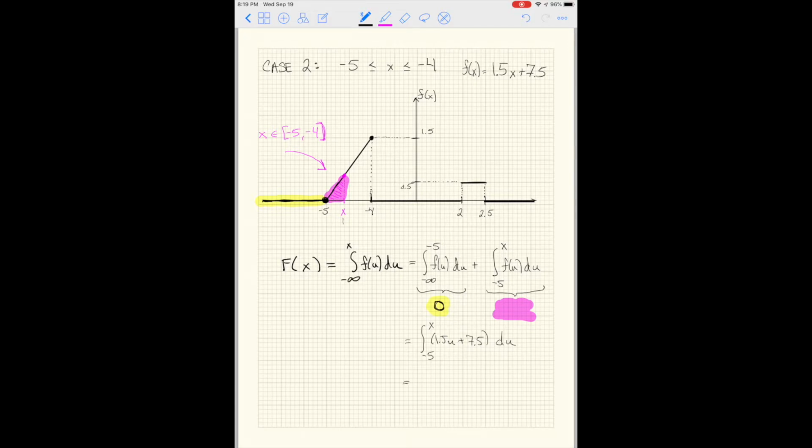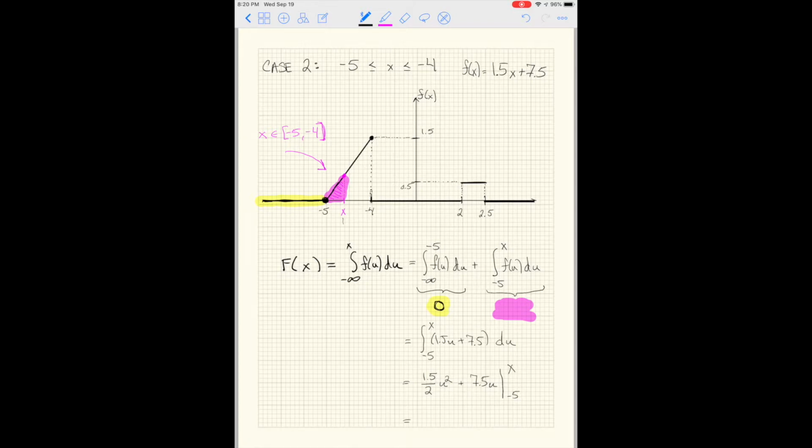And so I can say, well, the antiderivative of 1.5u plus 7.5: the u is going to go to u squared divided by 2. So this is going to be equal to 1.5 divided by 2 u squared plus 7.5u, and then that is going to be evaluated from -5 to x.